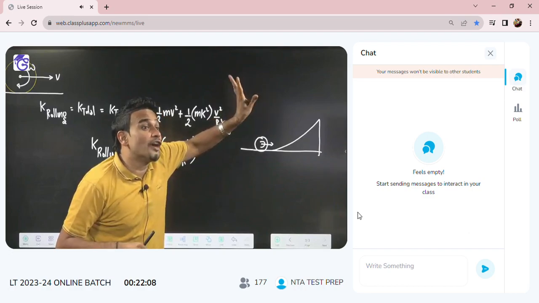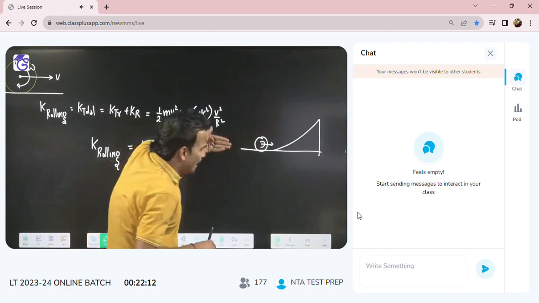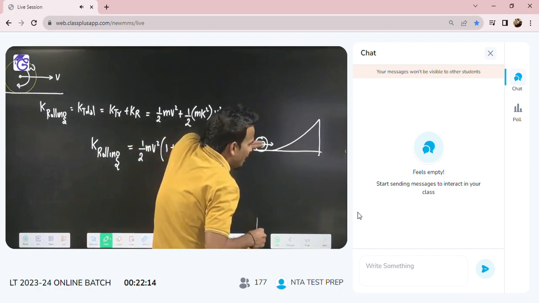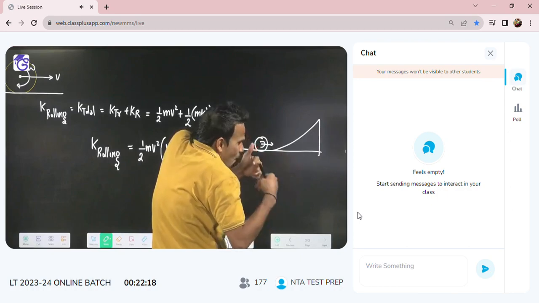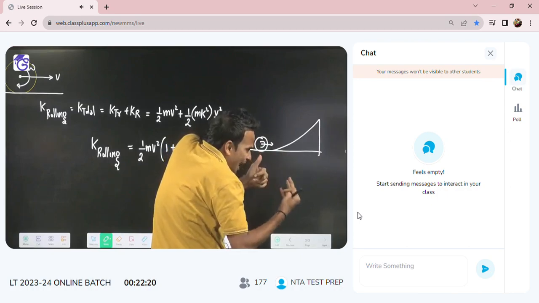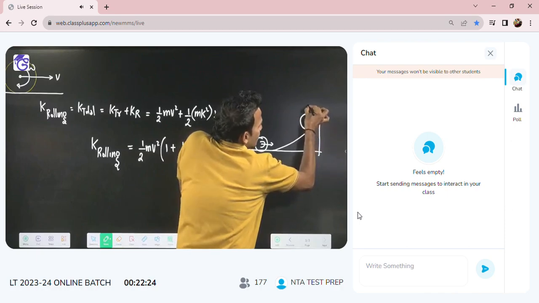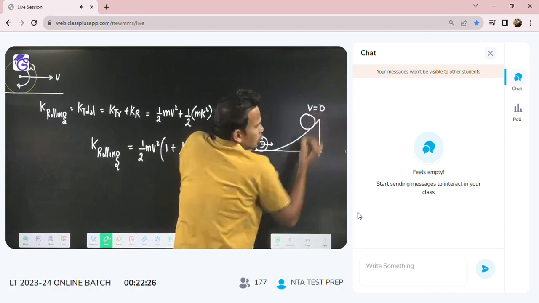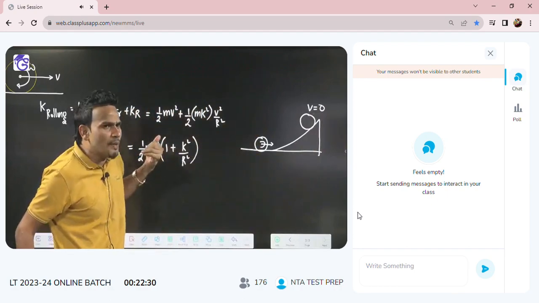It will convert to potential energy, mgh. So what will happen? As your rolling body starts going up, its kinetic energy will start converting into potential energy, mgh, and you will find that at the maximum height, its velocity will become 0. That means its entire rolling kinetic energy will become 0.